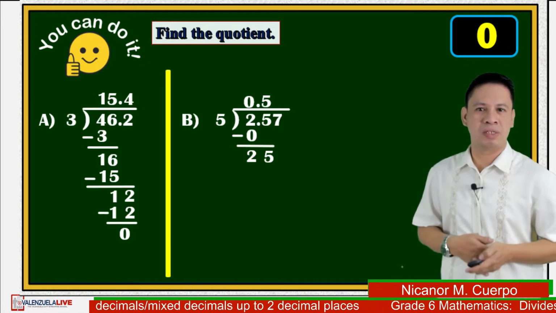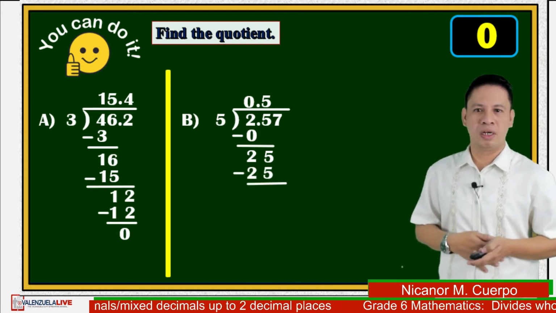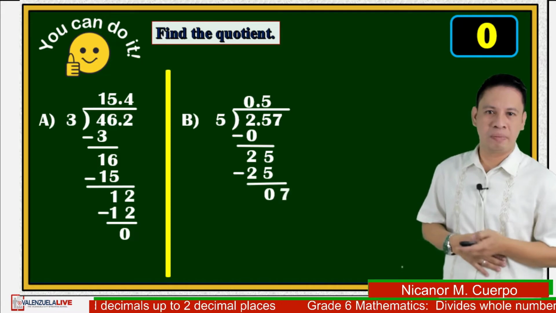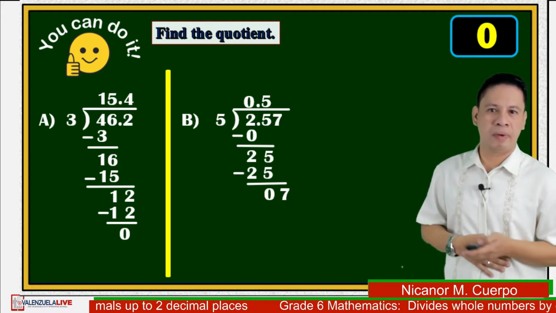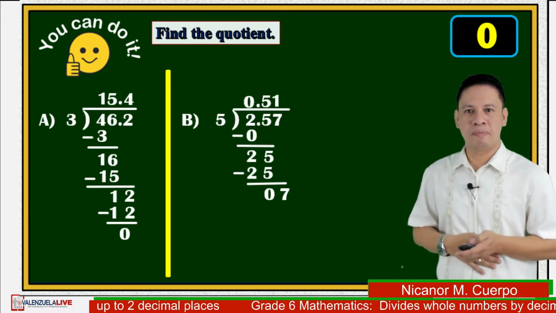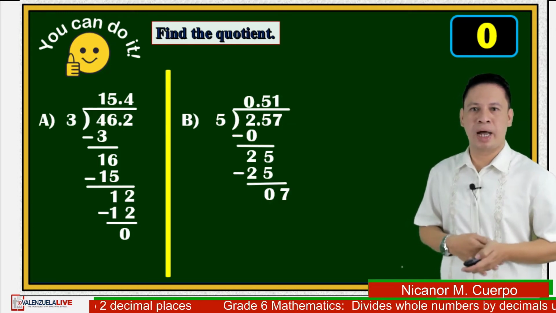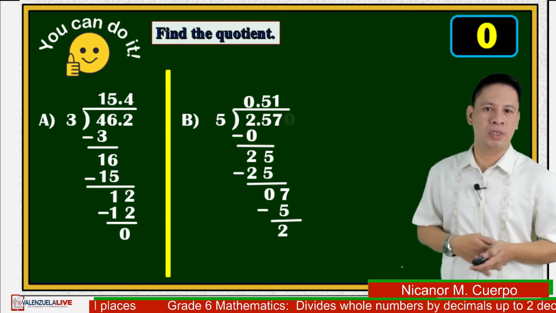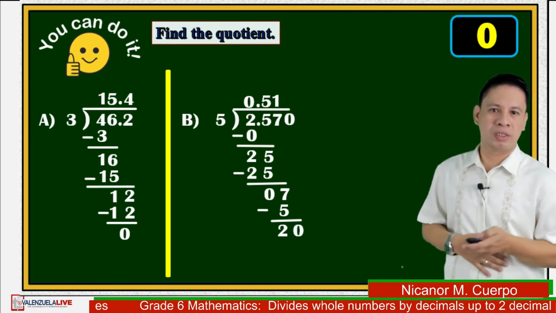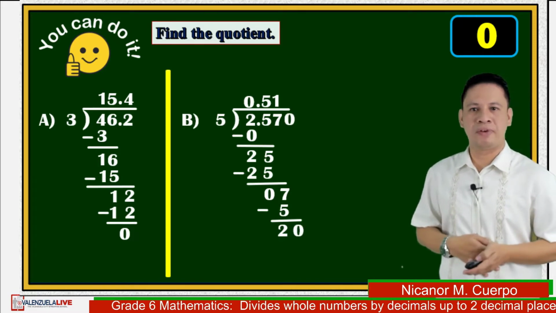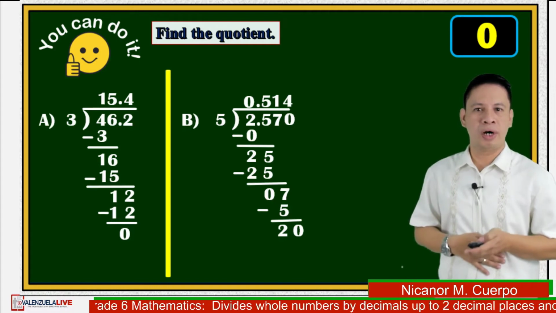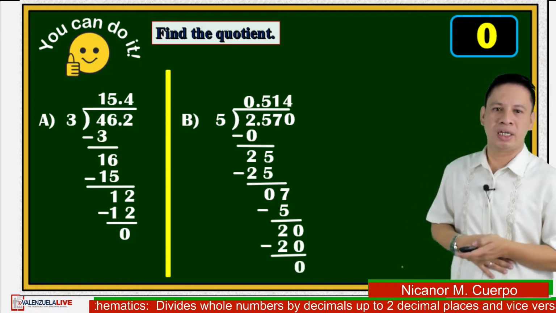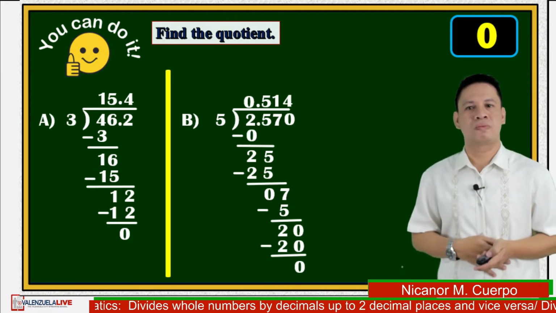Then 5 times 5 equals 25. 25 minus 25 equals 0. Then bring down 7. 7 divided by 5 equals 1. 1 times 5 equals 5. 7 minus 5 is 2. Then bring down 0. 20 divided by 5 is 4. 4 times 5 equals 20. Then 20 minus 20 equals 0.